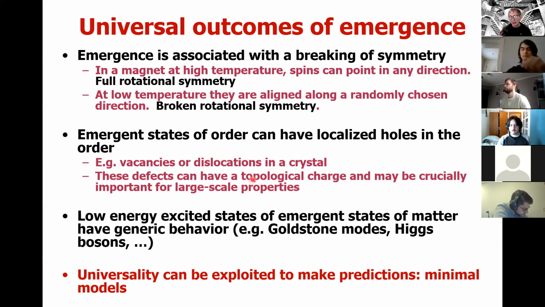So, for example, if you're looking at crystalline materials, the mechanical response of the material is strongly dominated by the structure of the defects in the material, whether they're topological, like dislocations, or non-topological, like vacancies or grain boundaries or other things like this. So defects in states of order are very important to understand, particularly in superconductors, particularly in gauge theories and things like this. The topological sector of the theory is something that's very important.